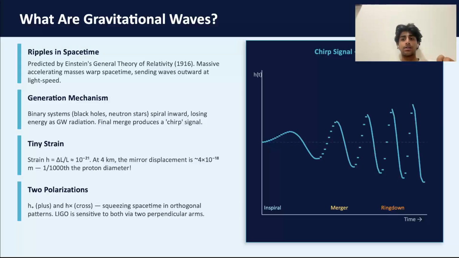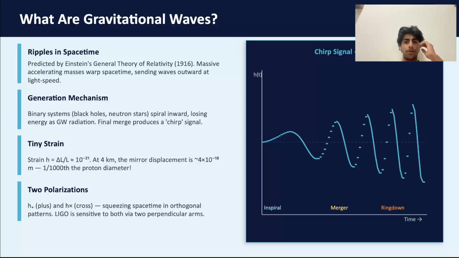The orbit shrinks as they spiral faster and radiate more and more energy. This emitted signal is called a chirp signal, sweeping upward in frequency and amplitude to a merger, then ringing down like a struck bell. It actually sounds like a bird chirp, which is why it is called a chirp signal.